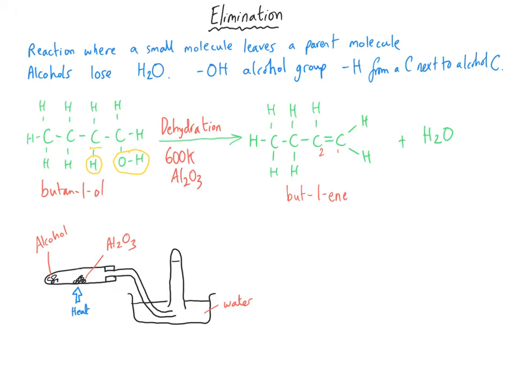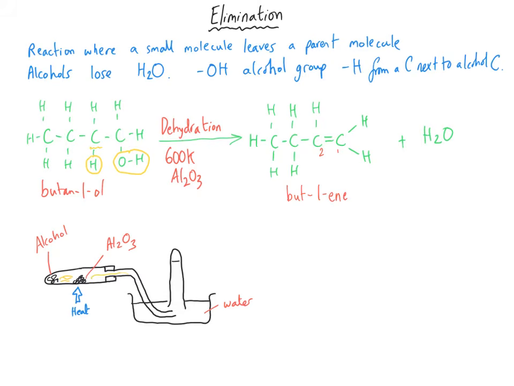So what you do is you heat the aluminium oxide catalyst here. You don't heat the alcohol directly, but the warmth from the heating of the catalyst will make the alcohol vaporize, and then the alcohol vapors will pass this way, and then they will react in the presence of the aluminium oxide catalyst, and then they will be dehydrated and turn into the alkene.